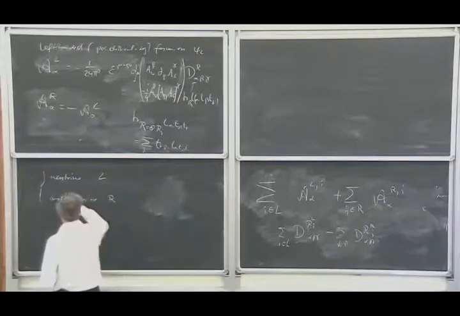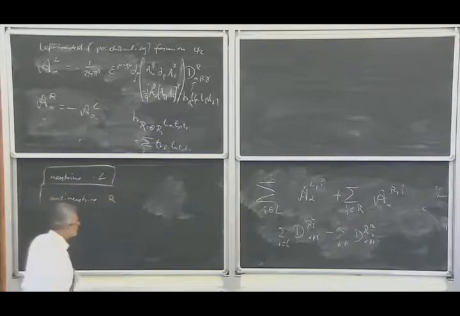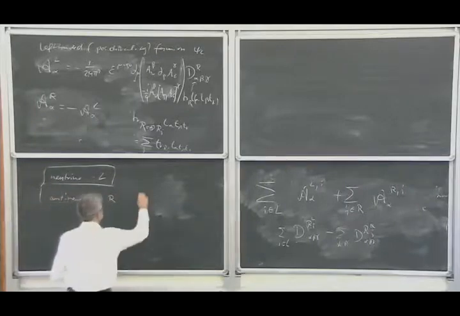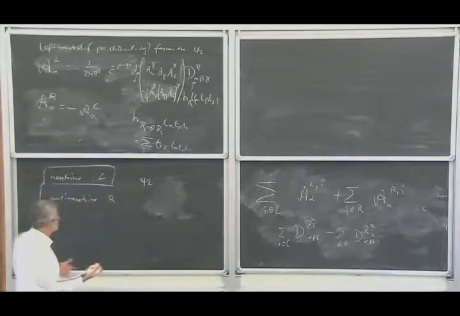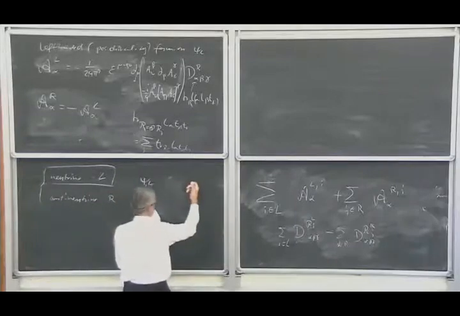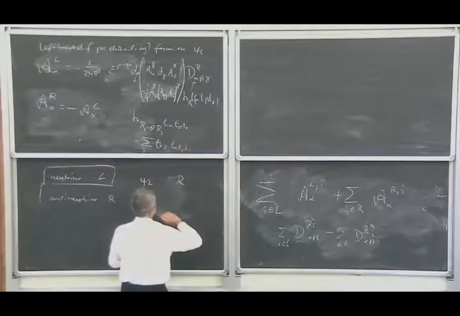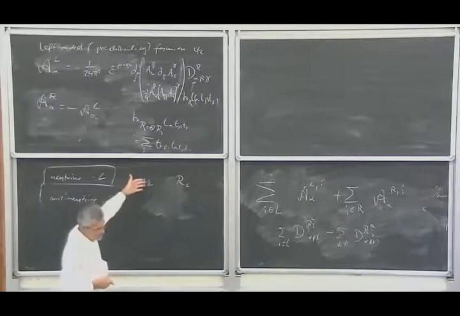If we decide to treat the neutrino as the particle and it's left-handed, then that's described by some left-handed chiral spinor psi L, which transforms in some representation R_L of the gauge group. I put L to remind you that was my left-handed particle.